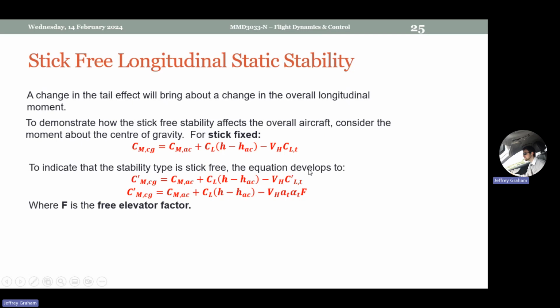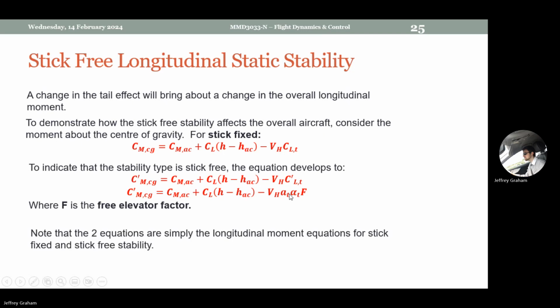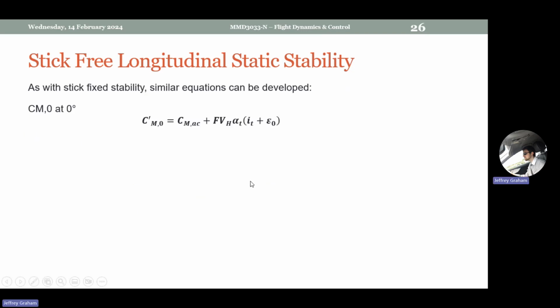It only happens to the tail section, introducing the stick free concept of CLT, or the free elevator factor. There's one more modification for CMO, and then it's the other formulas we've seen from earlier on. Nice and easy, it modifies this.